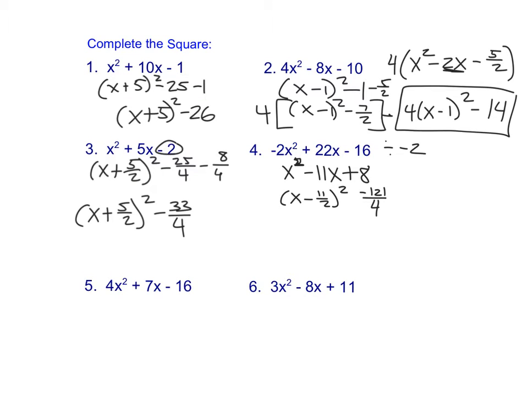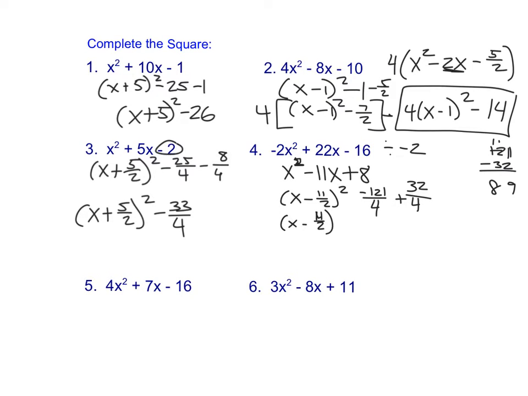And then plus 4 on the bottom. I'm turning 8 with a denominator of 4 is 32. What is that? 121 minus 32. 89.